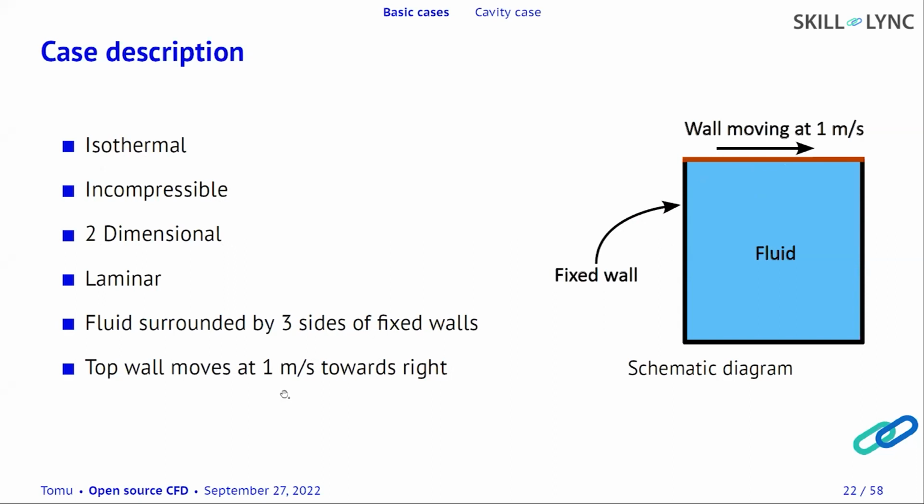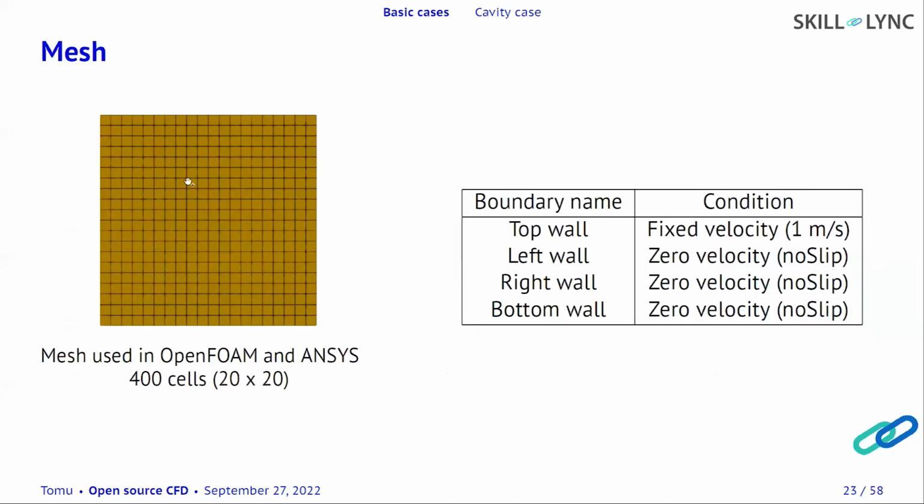This is the mesh that is used in OpenFOAM and ANSYS. We have used the same mesh so that we can compare the results in both the software. Here we have divided our domain into 400 cells. Along each direction, we have divided the length and breadth into 20 cells. So in total, we will get 400 cells.